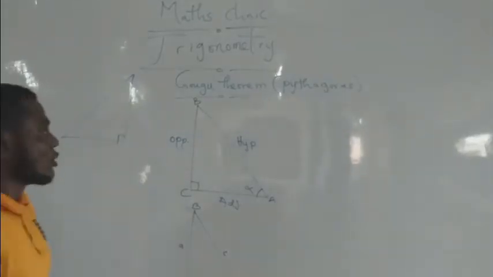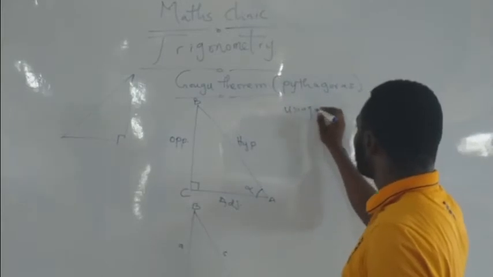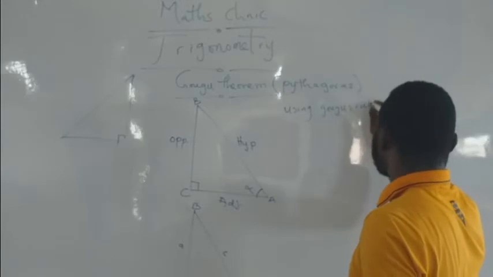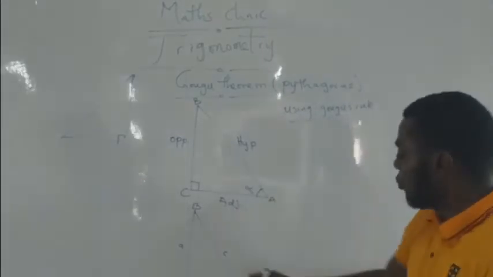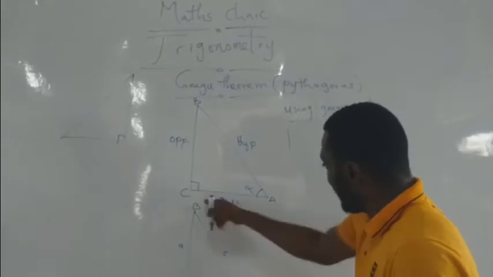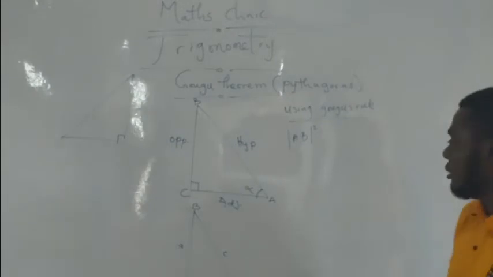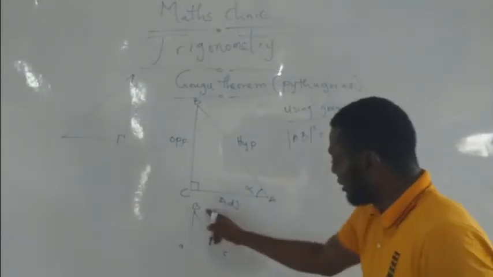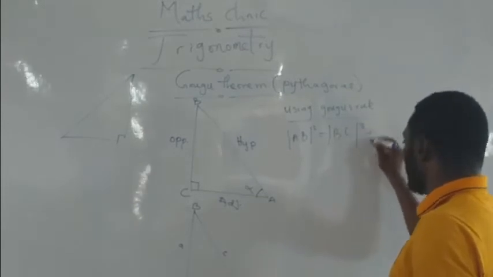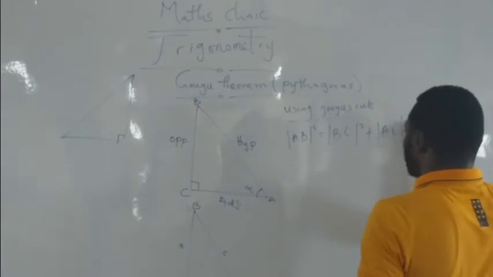So using Pythagoras rule now, we can have AB squared equals BC squared plus AC squared.